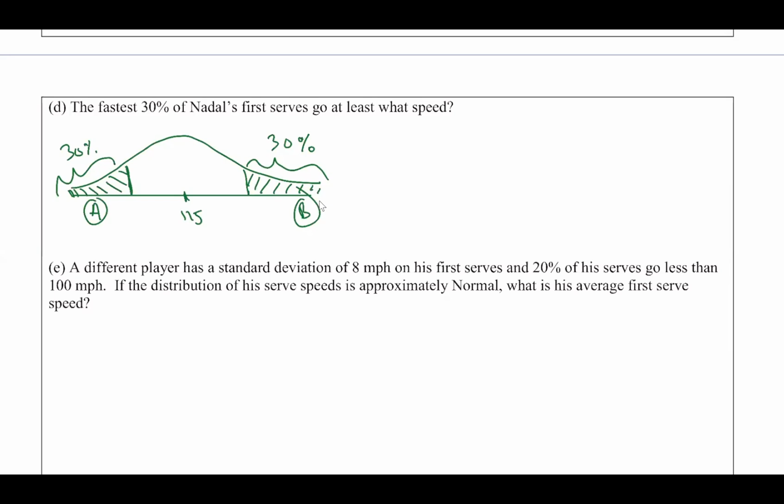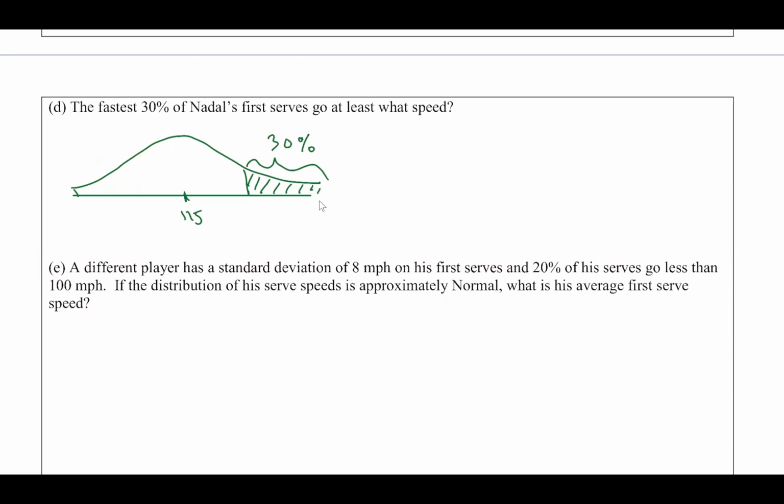So if we want the fastest, we want to draw B. Everybody go with that?